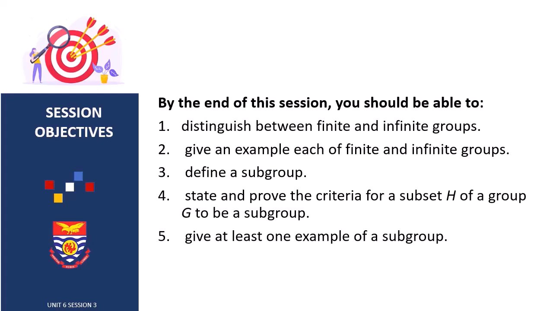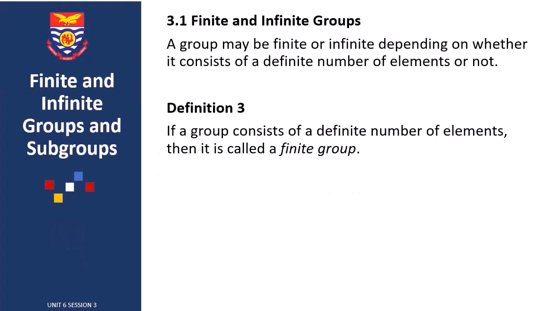Alright, so finite and infinite groups and subgroups. We first look at finite and infinite groups. A group may be finite or infinite depending on whether it consists of a definite number of elements or not.